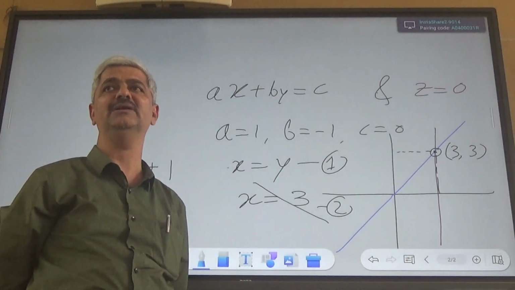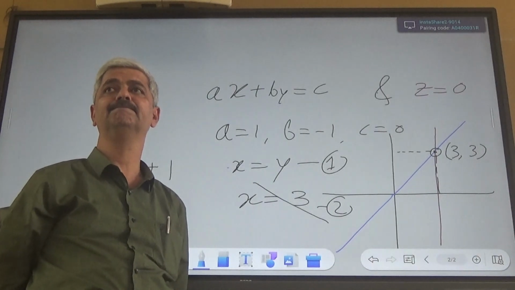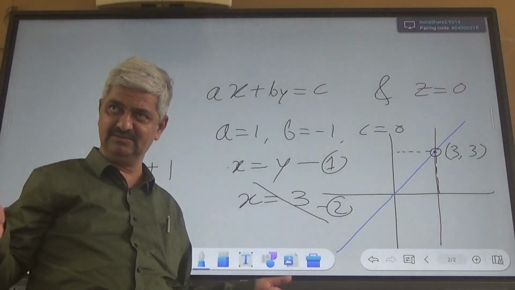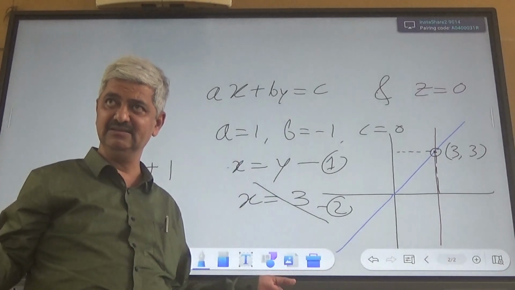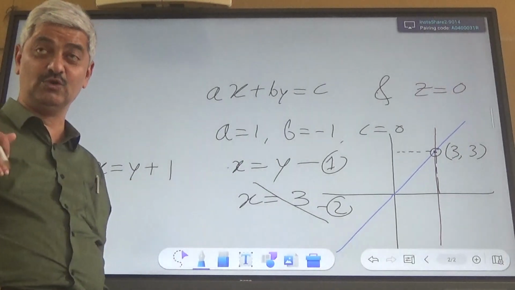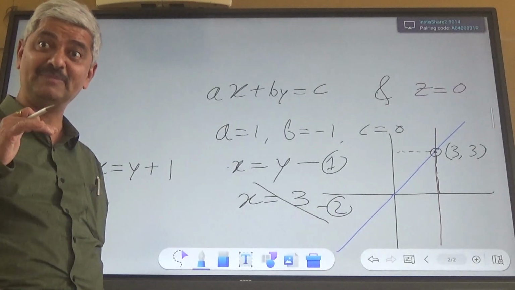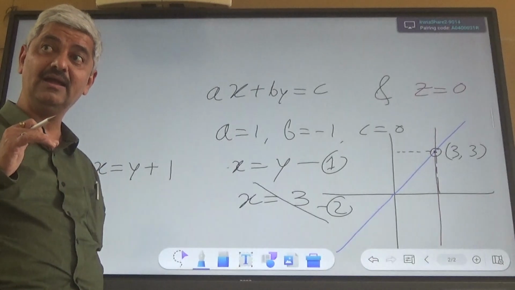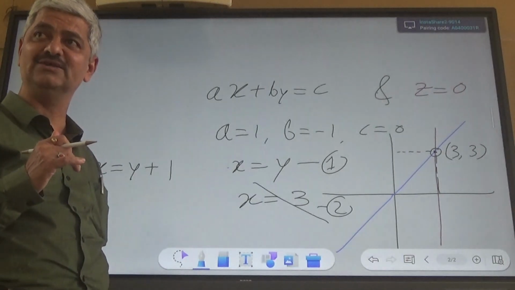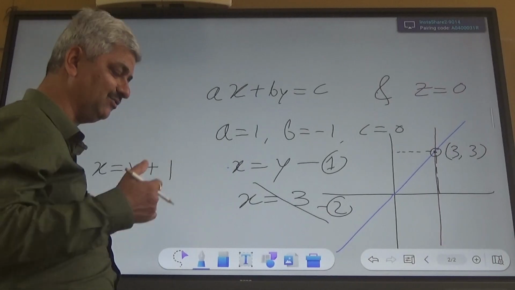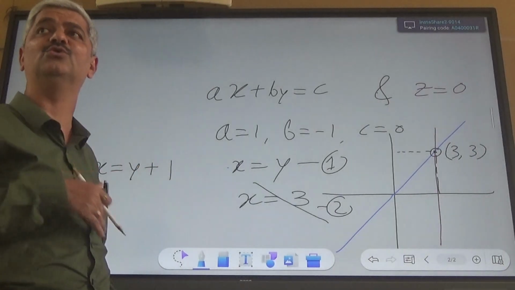What kind of line would it be? Obviously a straight line. It's a linear equation, a straight line. What will be the slope? The slope is the same, 45 degrees, but at y equal to 0, x equal to 1.